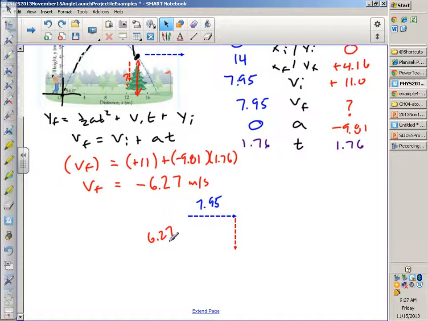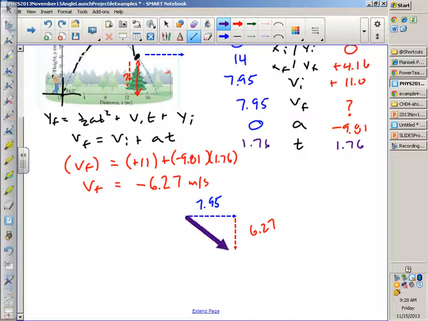So, make a triangle, right? And the actual speed in this case is the resultant from here to here, the hypotenuse of that triangle, okay? And even if you plugged in negative 6.27, when you do Pythagorean theorem, what do you do to that number anyway? You square it, it becomes positive, so we don't have to worry about that anyway.